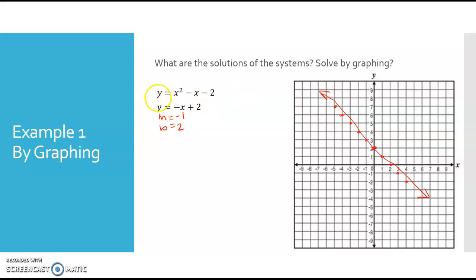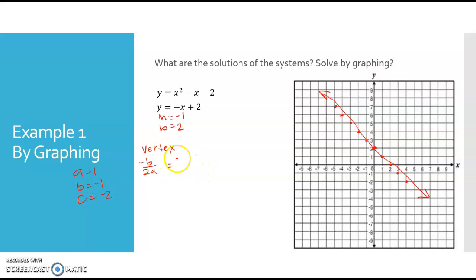Now, for our quadratic, remember we need to find our vertex. And in order to find our vertex, we're going to do the opposite of b over 2a. If it helps, write your ABCs. A is 1, B is -1, and C is -2.